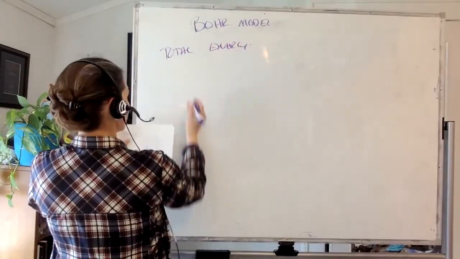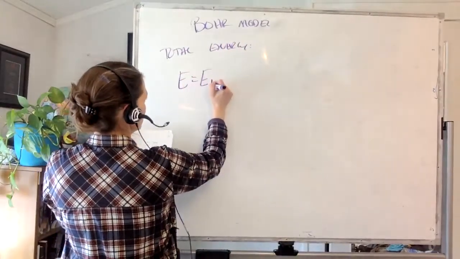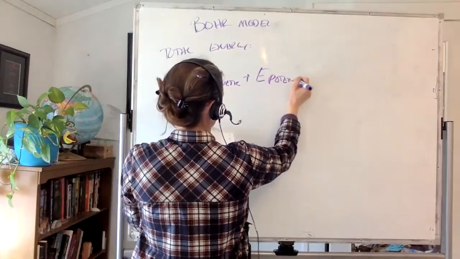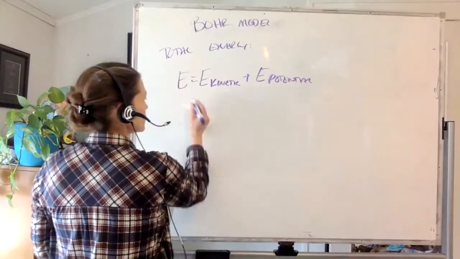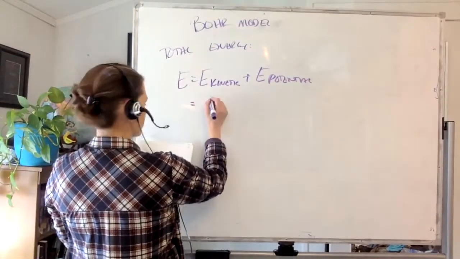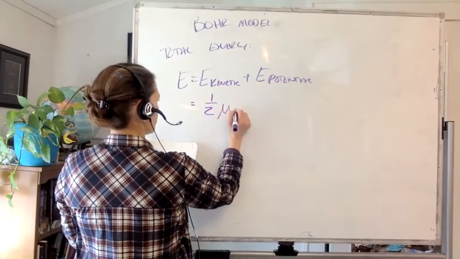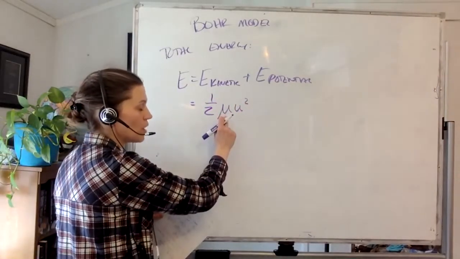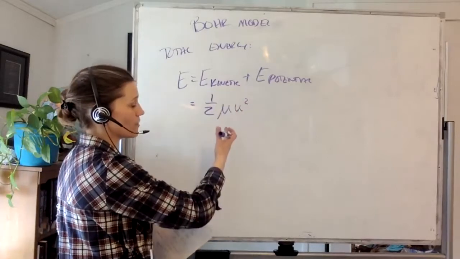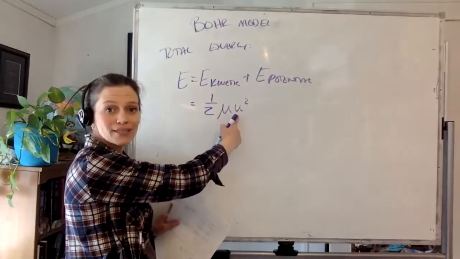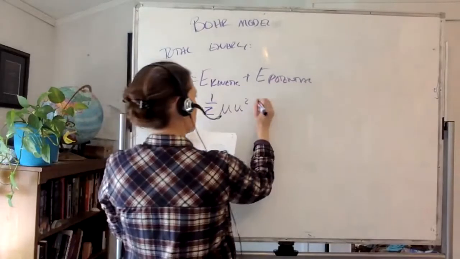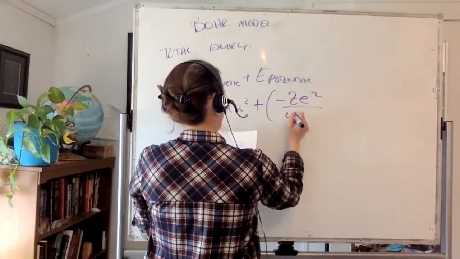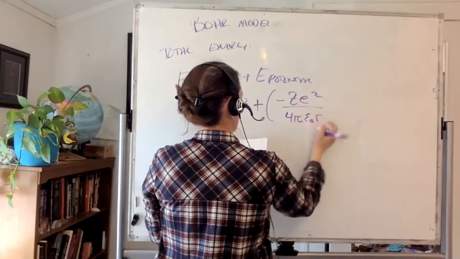which is kinetic plus potential, is going to equal one half mu u squared. This is one half m v squared, so any kinetic energy is going to be one half m v squared. m is our reduced mass, u is our velocity squared, plus now minus Z e squared over 4 pi epsilon naught r.